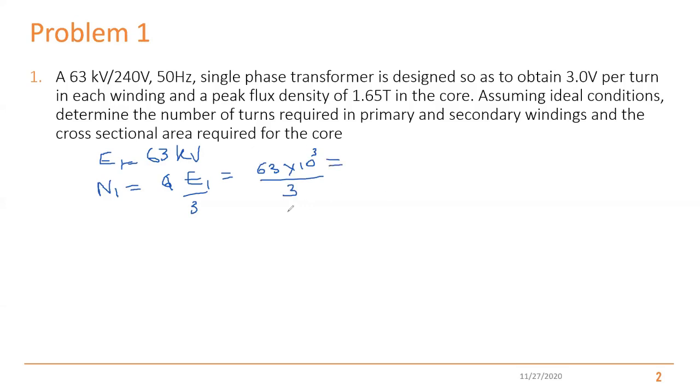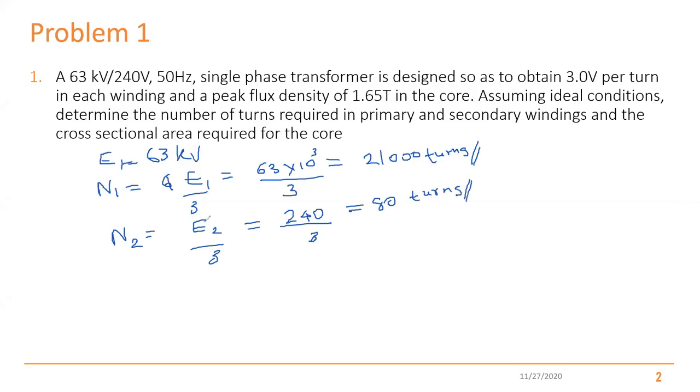Therefore, the required number of turns is 21,000 turns. That is for the primary. The same way I can calculate the secondary. For both windings the volt per turn value is given as 3. Therefore, E2 divided by 3 gives the number of turns required. This is 240 divided by 3, the value is 80 turns.